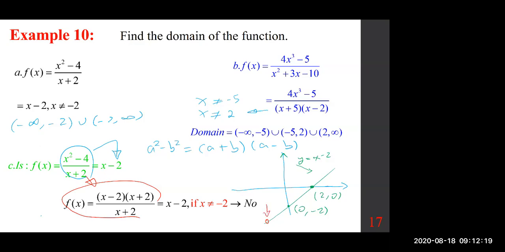The coordinates would be -2. Now you put the -2 into that, and it becomes -4. So the line y equals x minus 2 has no holes. The function f of x equals x squared minus 4 over x plus 2 has a hole. I hope everybody's clear what is the difference between the two. All right.